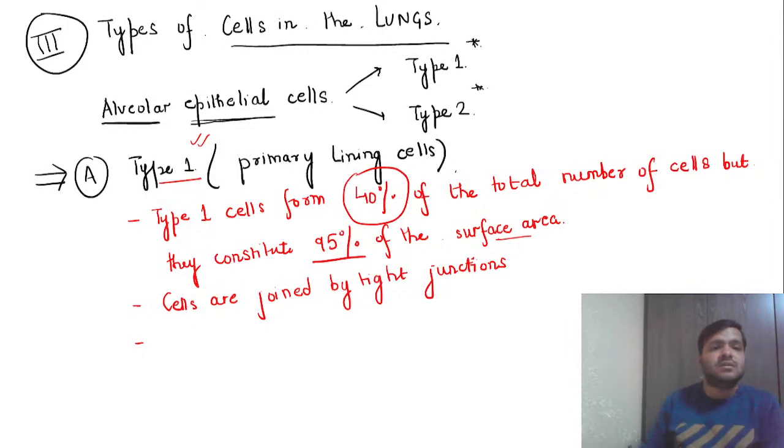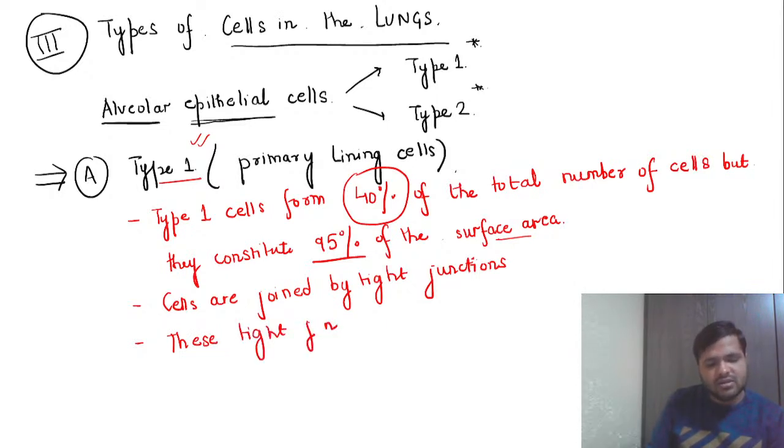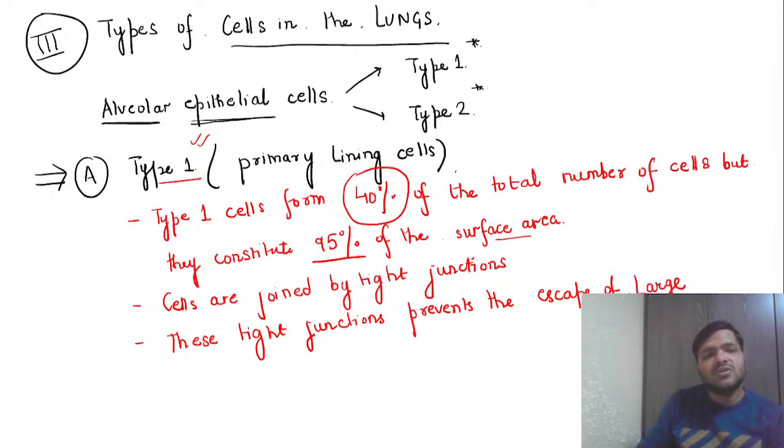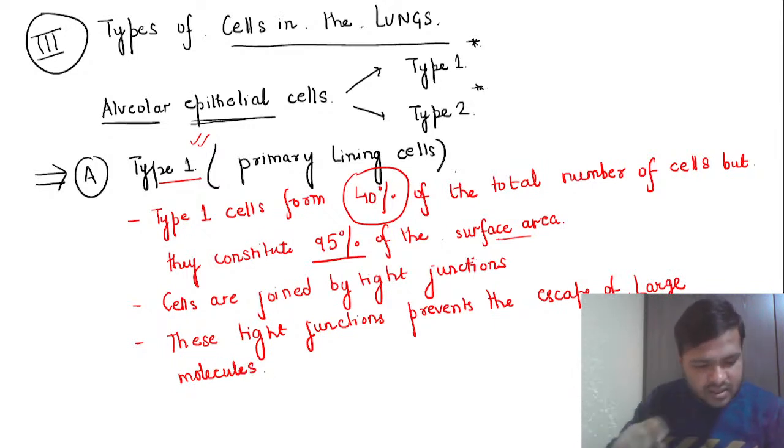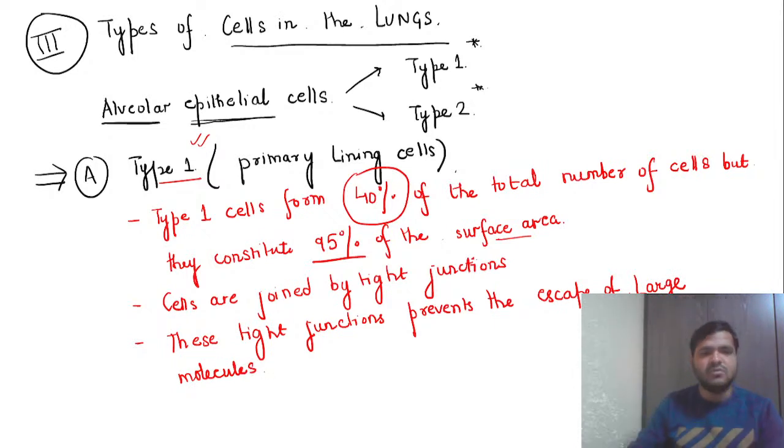Now, what is the physiological importance of these tight junctions? Write down, these tight junctions prevent the escape of large molecules such as albumin into the alveoli.